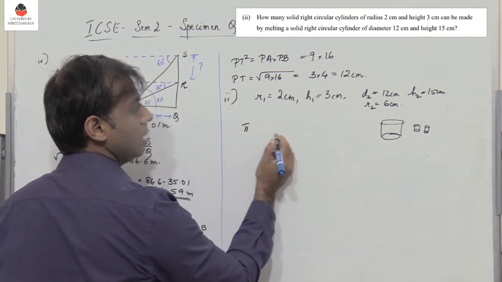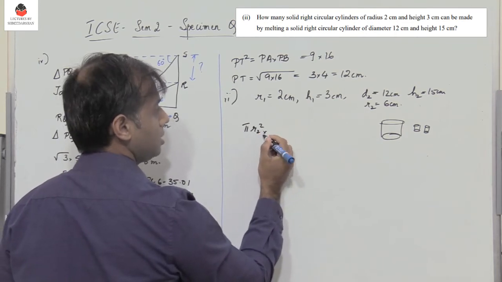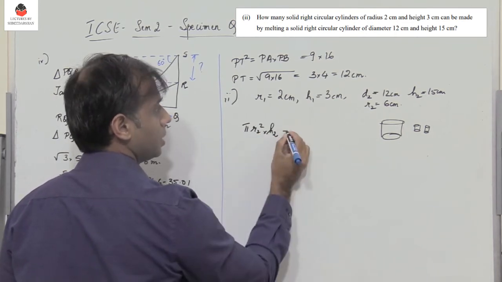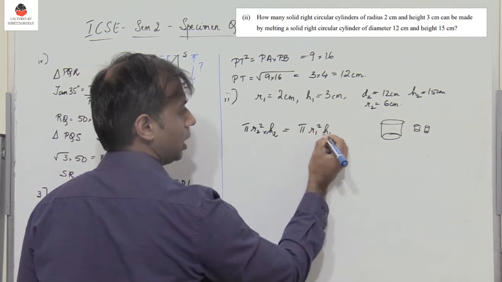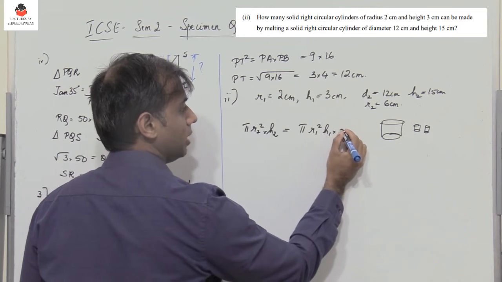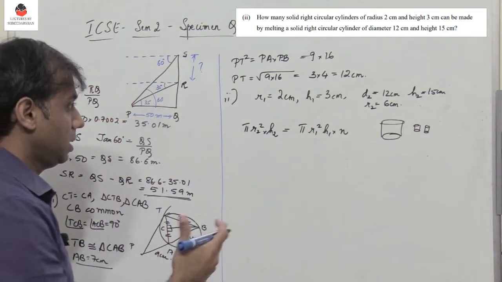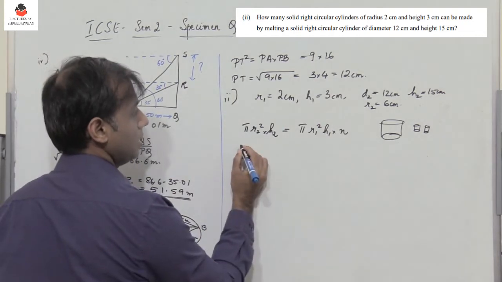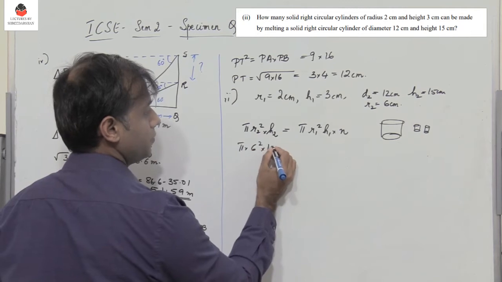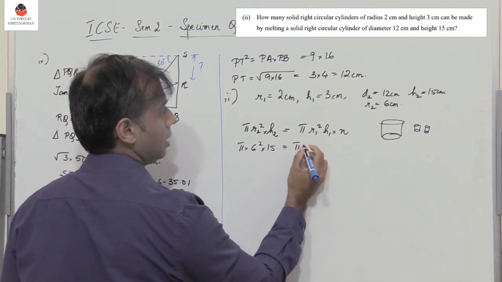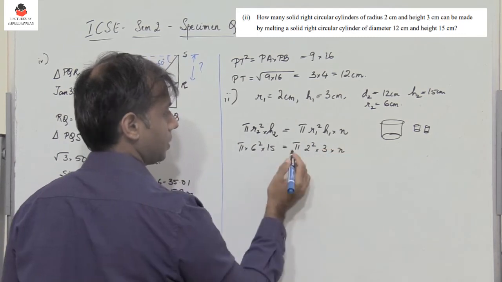So pi r square h for the big cylinder, R2 square into H2, equals pi R1 square H1 into N. So I need to find how many smaller cylinders can be made. So you have pi into 6 square into 15 equals pi into 2 square into 3 into N. Right?